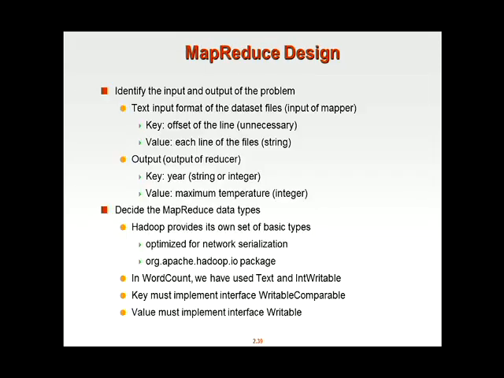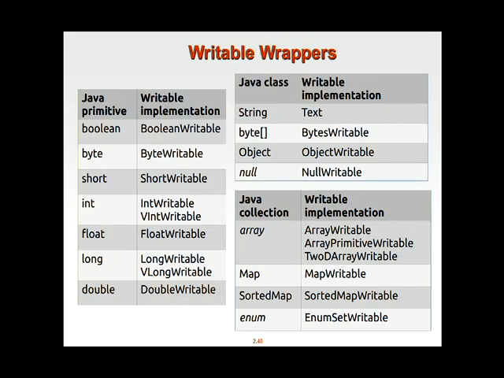About data types, here are some more details. What we have seen so far is just Text and Iterable. Text is a wrapper for the string, and Iterable is a wrapper for the integers. And here are some more examples: for example, boolean, byte, short, int. They all have corresponding wrapper classes in MapReduce.